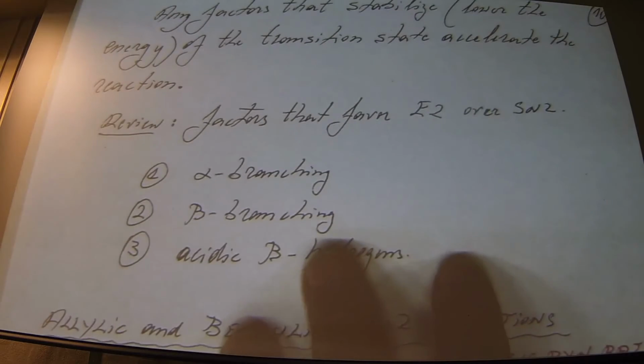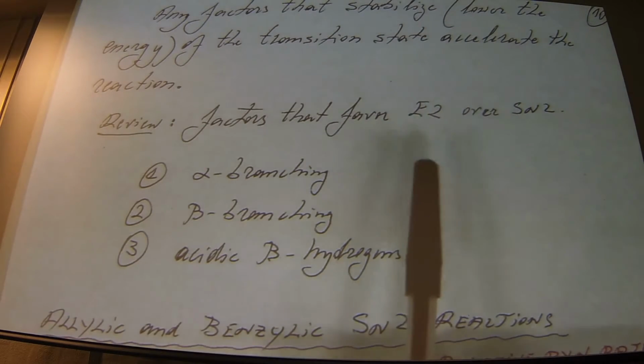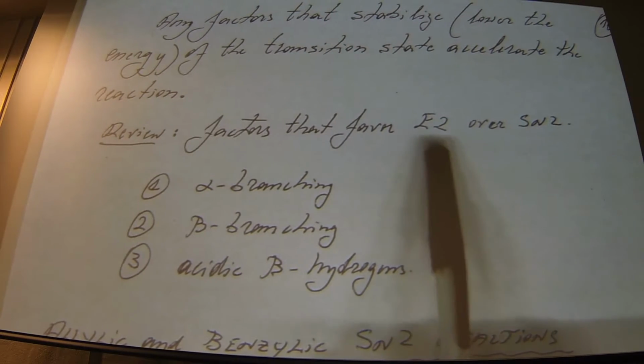And so any factor that lowers the energy of the transition state, now we're talking about the transition state from E2, will make the reaction proceed more rapidly. And so what are these factors that make an E2 go faster?